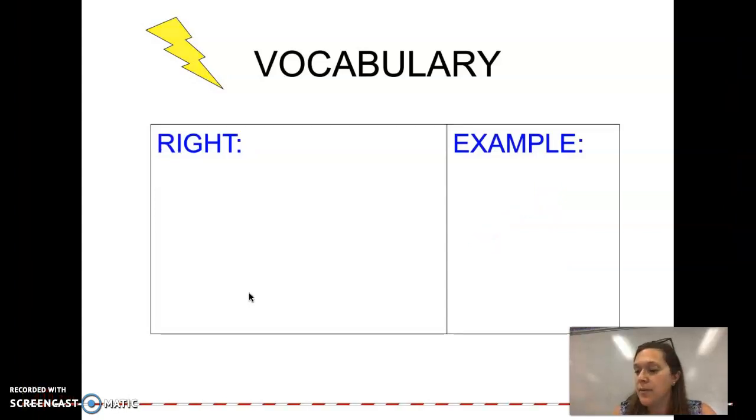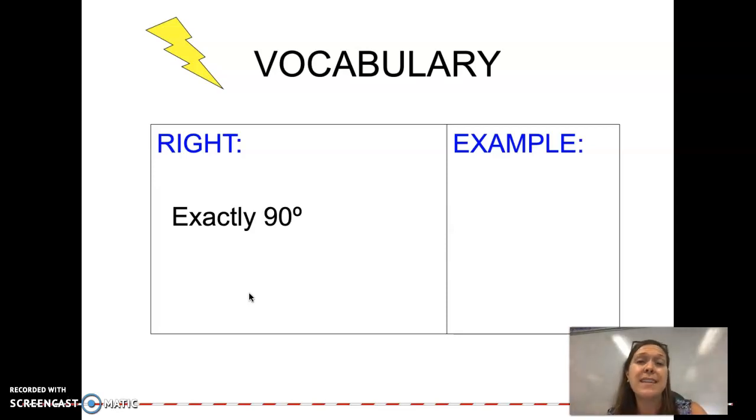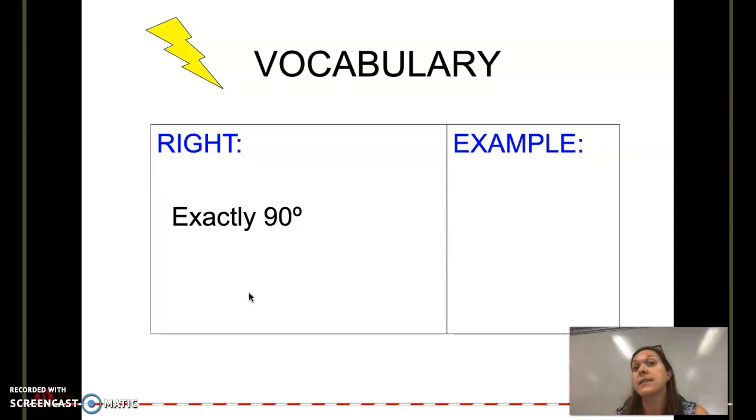A right angle is going to be an angle that measures exactly 90 degrees. Now I want to take a pause and moment here. When I make my right angle over here in my example, do you guys remember what you need to put inside of that angle to show that it's a right angle? Hopefully you all said it's a square. So in geometry, we are not allowed to assume that something is a right angle if it just appears to look like a right angle.